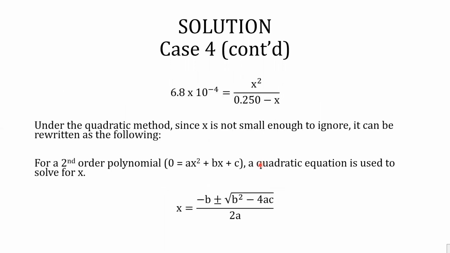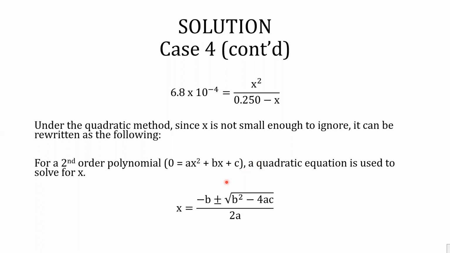Under the quadratic method, we rewrite the equation as a second order polynomial where 0 equals ax squared plus bx plus c, and use the quadratic equation to solve for x.